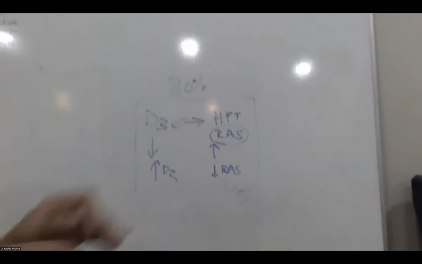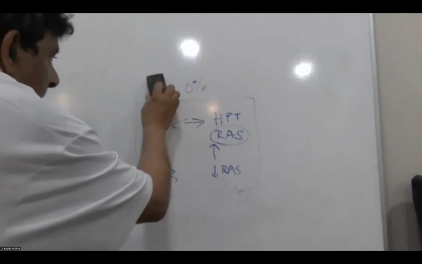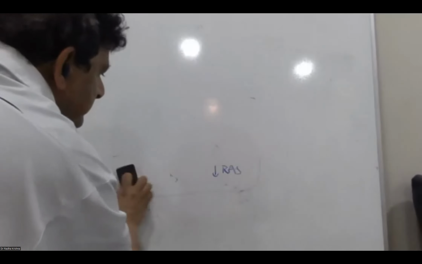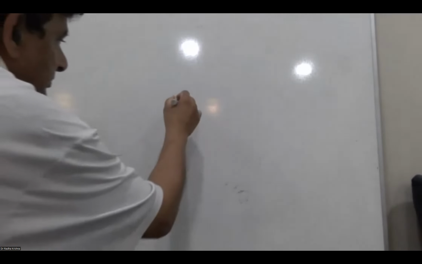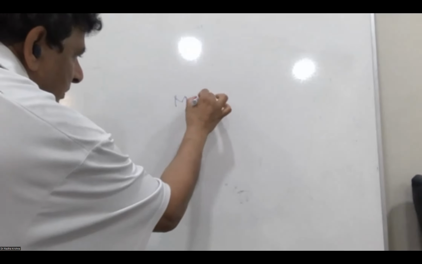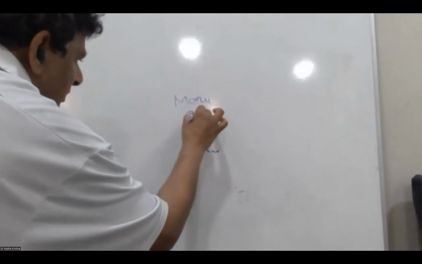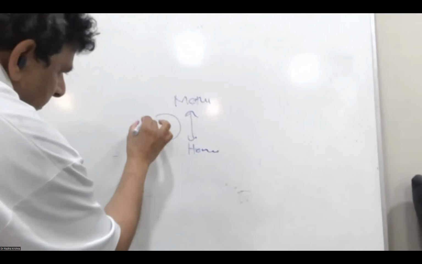Betaine, you saw. I'll draw the picture again. It's very, very important. Betaine, this is methionine to homocysteine, and this requires betaine.